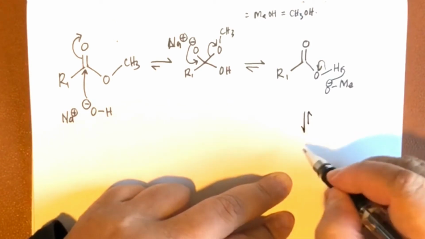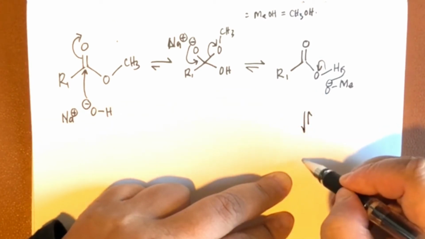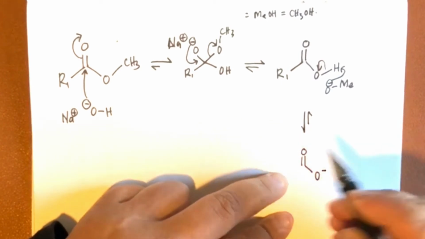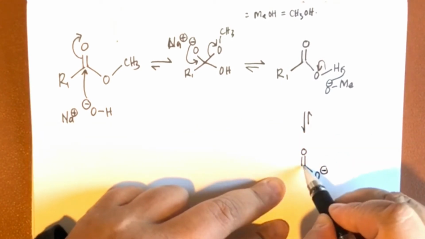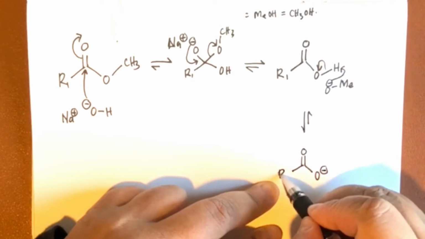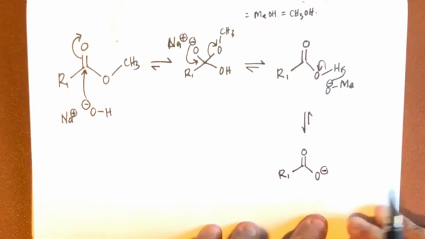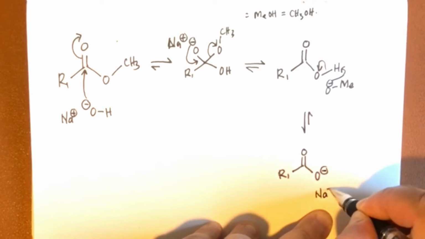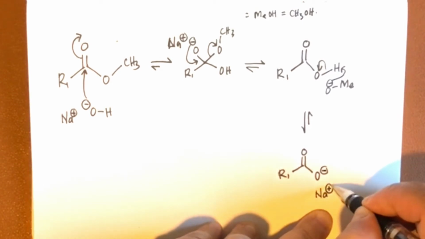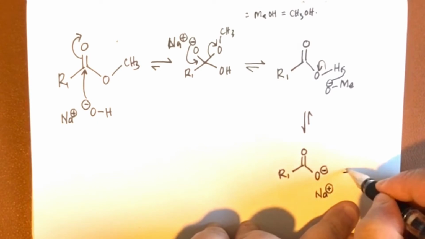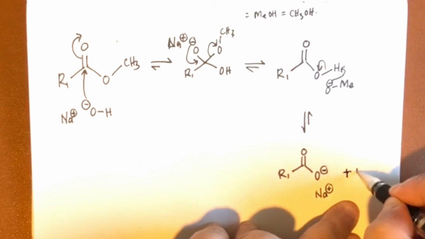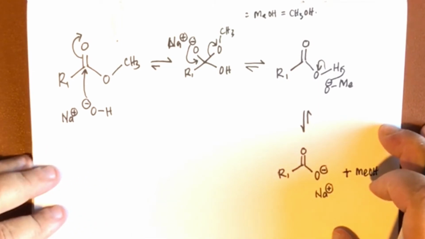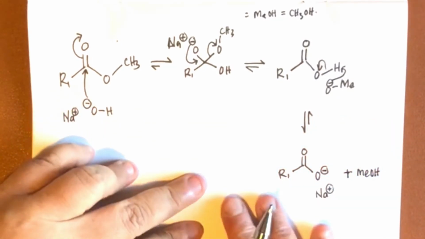Alright, so here O minus, which is very important, then the R1. Okay, and then you also have the accompanying positively charged sodium, and then you have the stable leaving group, methanol. All right.